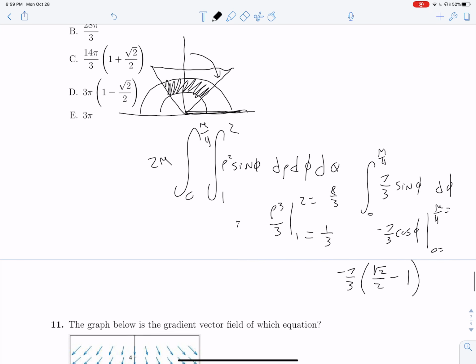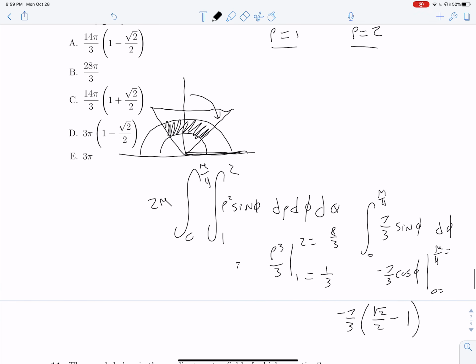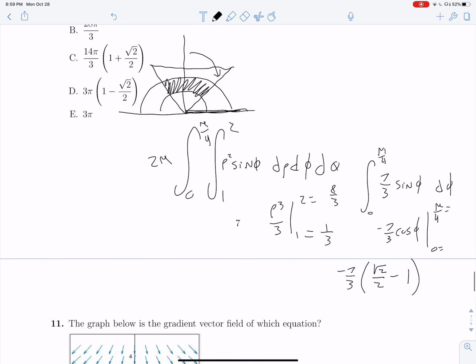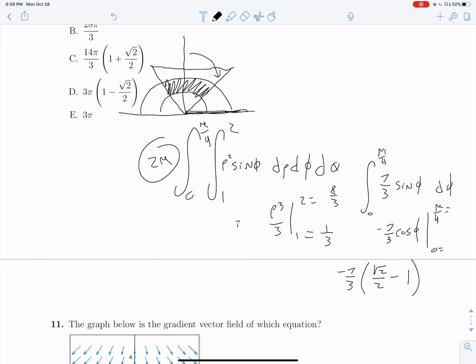And then we can see out here that we're multiplying by 2 pi. That's our final little guy waiting out there for us. So we're going to have negative 14 over 3 pi times root 2 over 2 minus 1.